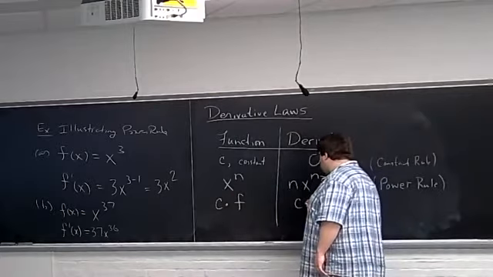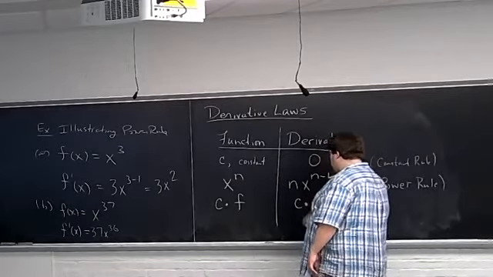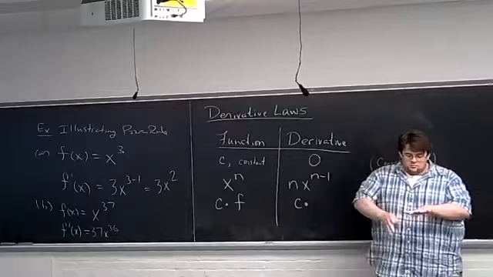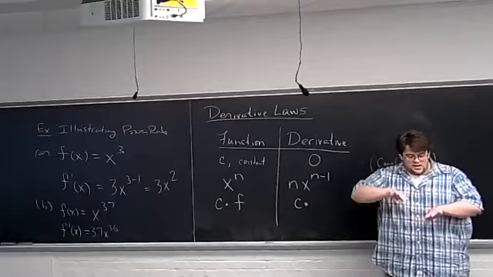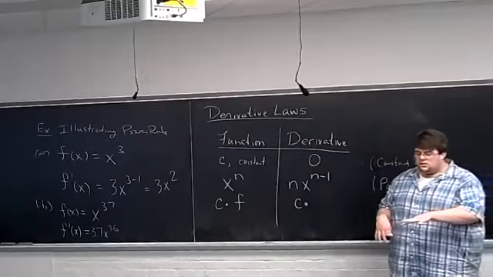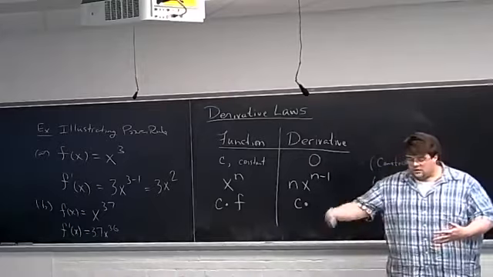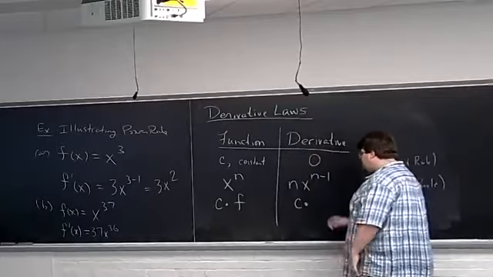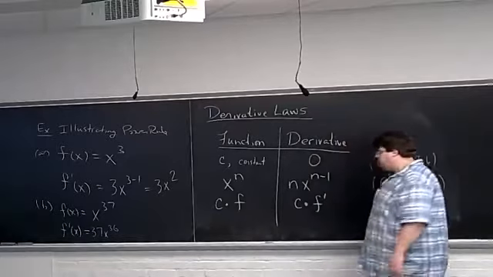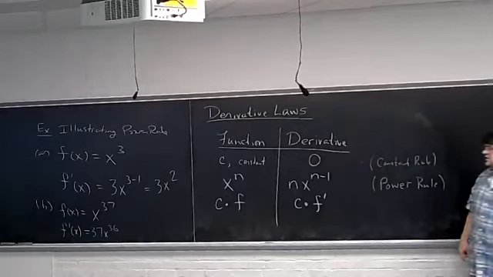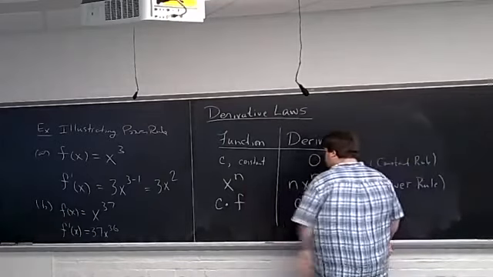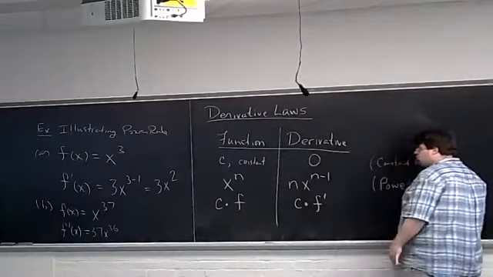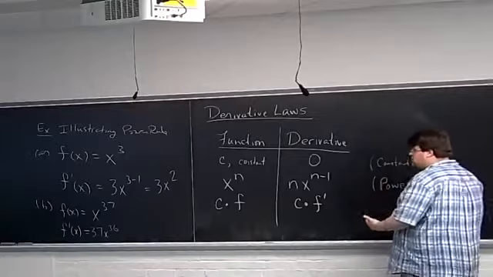Back when we did limits, one of the conveniences was that if we had a bunch of x's with a number next to them, we could carry the number through and worry about the x's. Here, we can do the same thing. If we have a constant times something with a bunch of x's in it, we can carry that constant through and multiply by the derivative of that quantity.